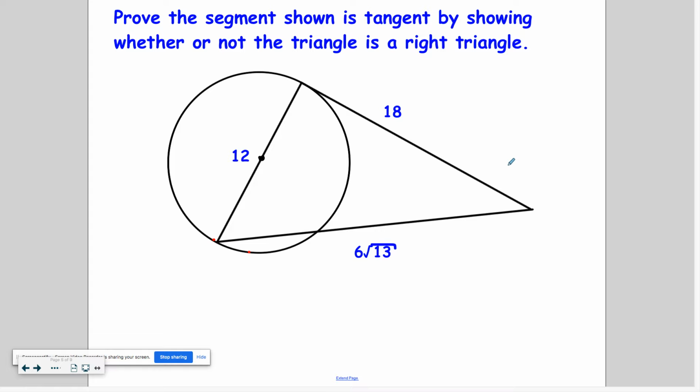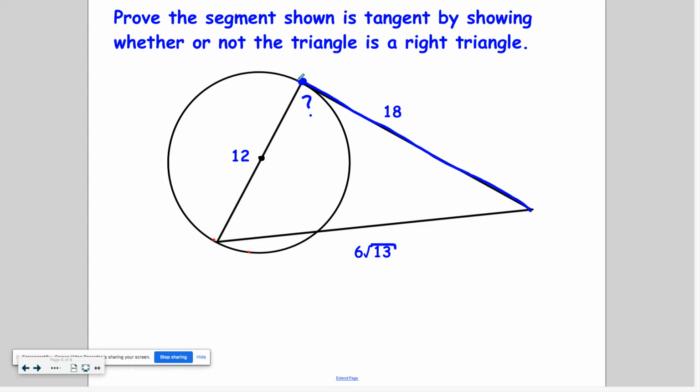It's trying to see if you really do have a tangent or not. So all our numbers are given to us, all our distances and lengths. We're just trying to determine if this angle up here is 90 degrees. If it is, then I know that this segment up here touches in just one spot and is actually perpendicular and tangent to the circle.